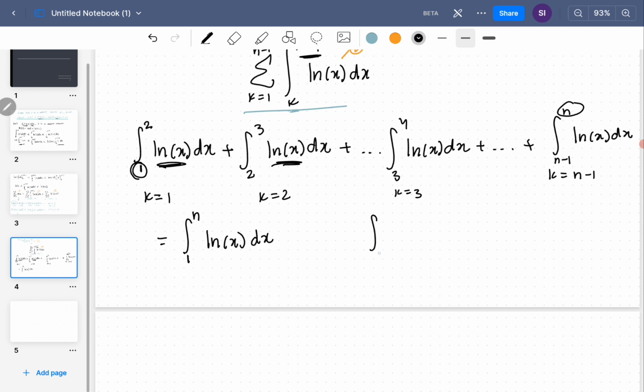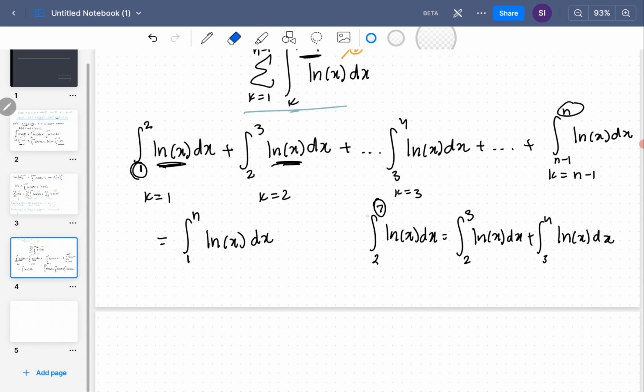For example, if you have integration 2 to 7 of natural log of x dx, you could write that as 2 to 3 natural log of x dx plus 3 to 4 natural log of x dx, all the way until you reach the upper bound 7. It's the exact same thing.